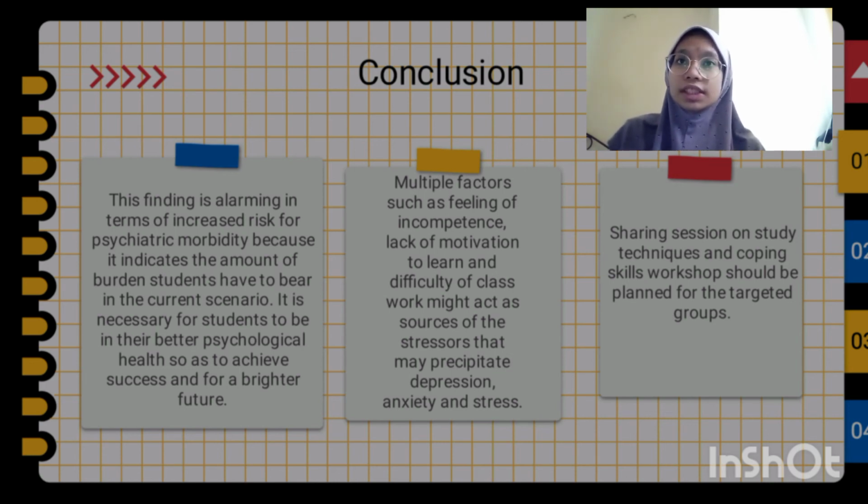Early interventions are necessary to improve the quality of life and reduce the level of stress, depression, and anxiety among undergraduate students. Multiple factors such as feelings of incompetence, lack of motivation to learn, and difficulty of classwork might act as sources of stressors that may precipitate depression, anxiety, and stress.